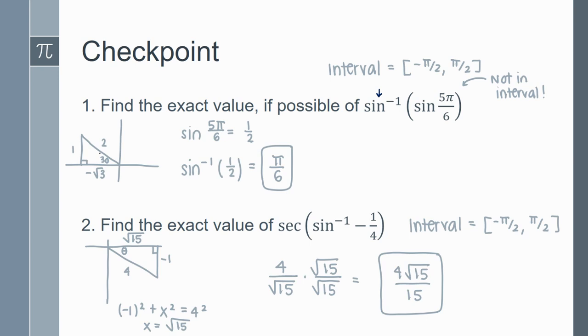The reference angle was π/6, which is a 30-degree angle. So I was able to draw my 30, 60, 90 triangle and find the sine. Sine is opposite over hypotenuse, so sine of 5π/6 is really a half.